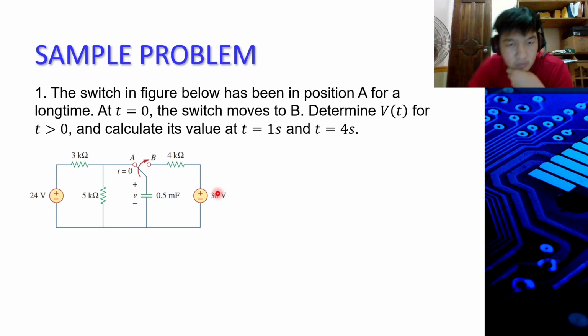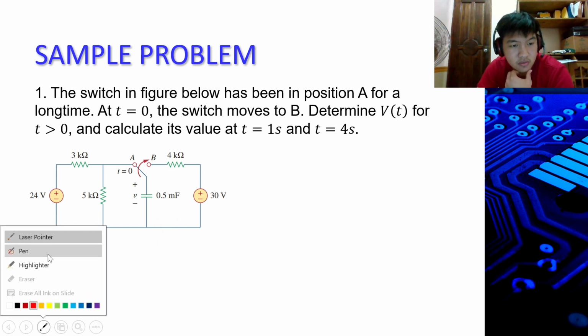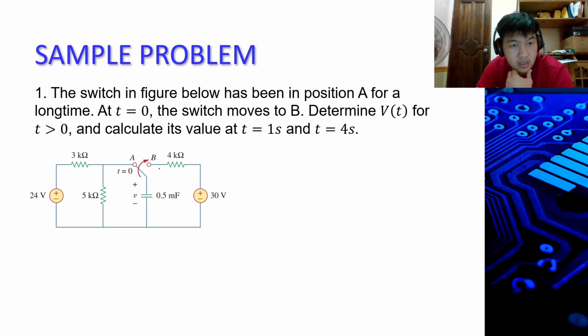So we analyze two sources, which are 24 and 30 volts. At time t equal to 0, the switch moves to the B side.